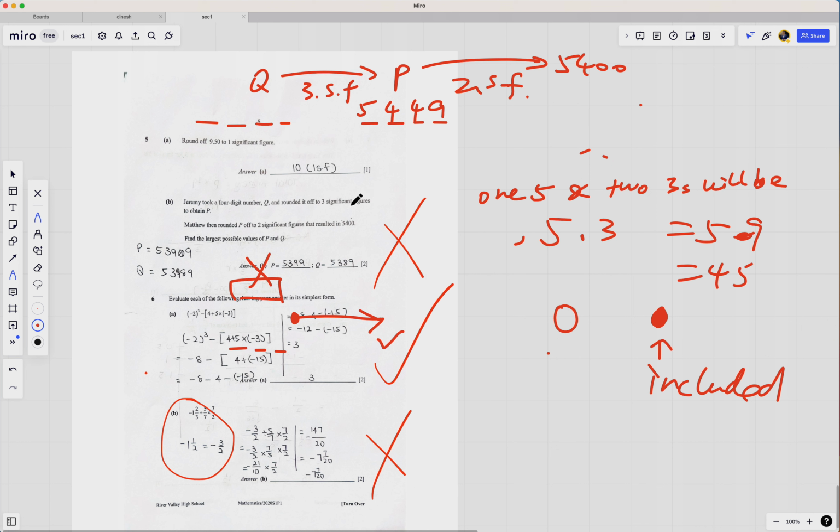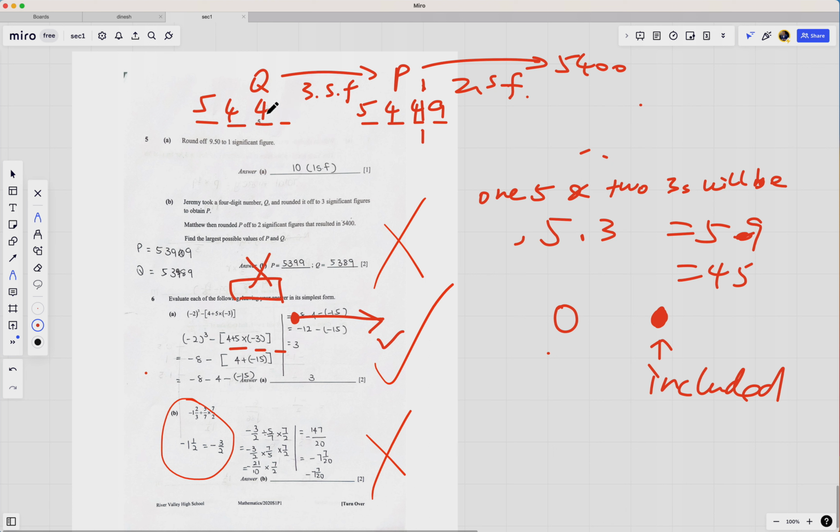So for 3 significant figures, that means here, right? So the largest is 5, 4. How to give it 4? Let's say you give it 4, then it does not increase.